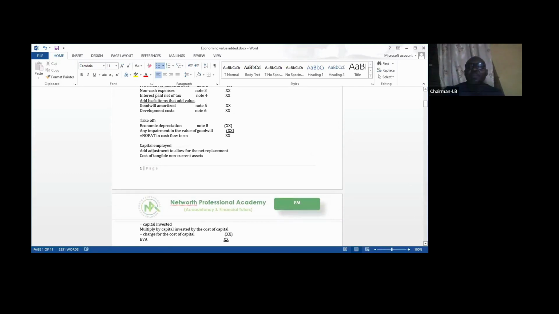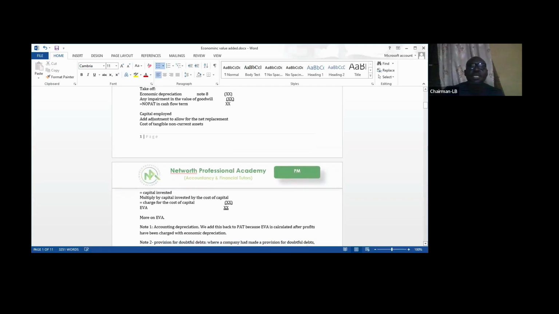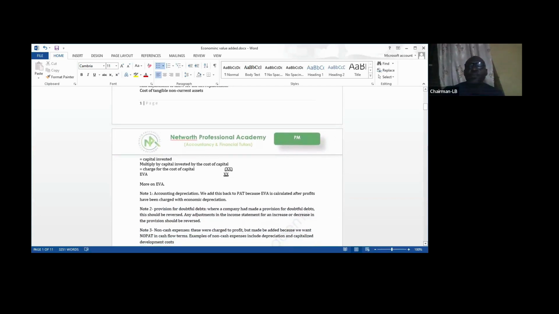One of them is if you are able to measure goodwill in terms of cash. That goodwill will be added.